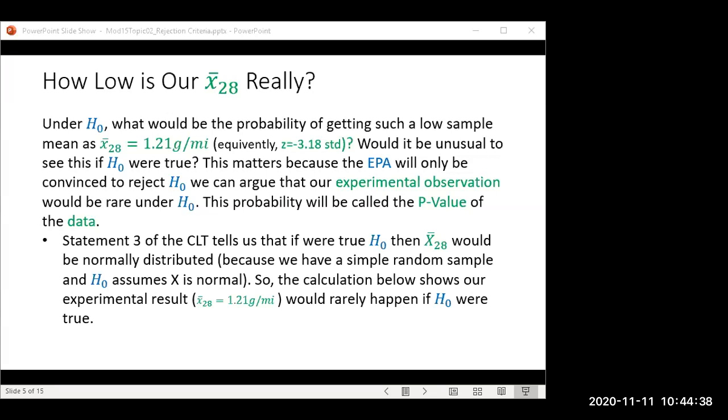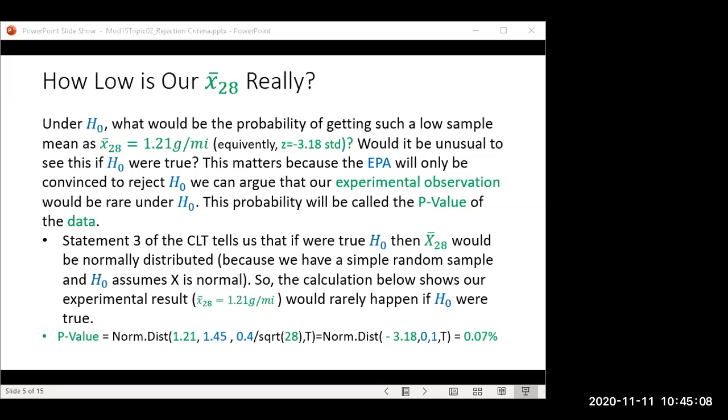So we can calculate how often such a small sample mean would occur under the null hypothesis, and so we get the p-value. We're using the norm dist function because we know that X bar is normal. You can do that calculation in Excel.